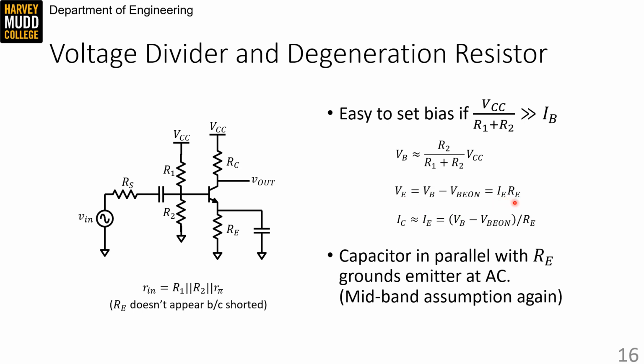And then conveniently, IC is about the same as IE because beta is high. So by picking R1, R2, and RE, we're able to set IC without depending on beta. Just as long as beta is big, we'll have a known bias point.